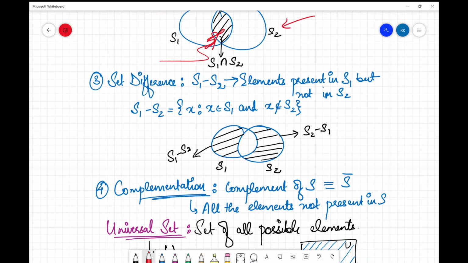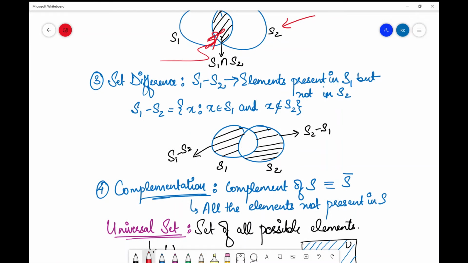Let's move to the third major operation, which is set difference. Set difference, as it says, is a difference, so it is represented with the help of a minus sign. It is S1 minus S2, and it can also be S2 minus S1, but for now I am just defining S1 minus S2.